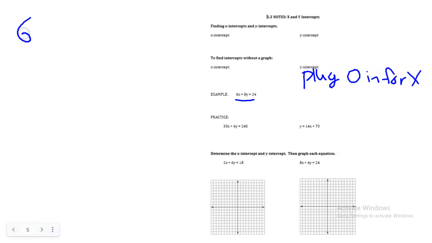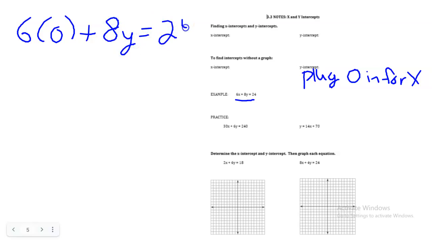So I've got 6, and I'm multiplying that by 0. Add that to 8y and set it equal to 24. Okay, so I know 6 times 0 is equal to 0. So all I have next is 8y, and that's equal to 24. Okay, now I want to solve for y.